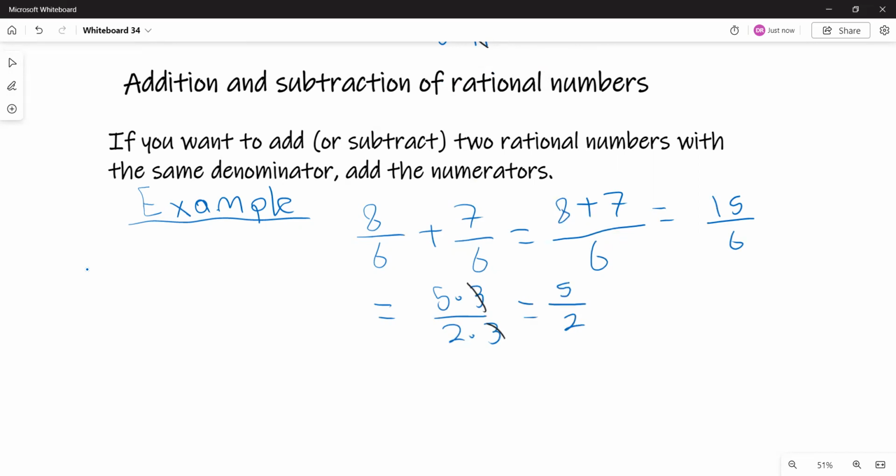Otherwise, if they have different denominators, we can do two things. We can cross multiply or use the least common multiple of the denominators, known as the least common denominator. So these are on page 261.